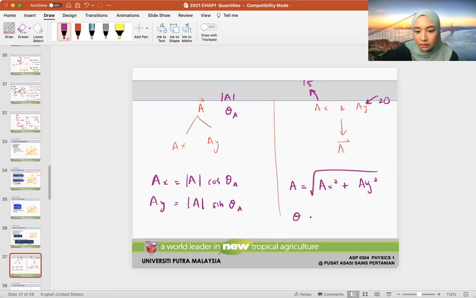And for the angle, it is tangent theta equals AY over AX. That is how you find the A magnitude and also theta A. Okay, so you have 4 equations. And these two are for when you have the A vector, and these two are for when you have AX and AY. Any questions so far?